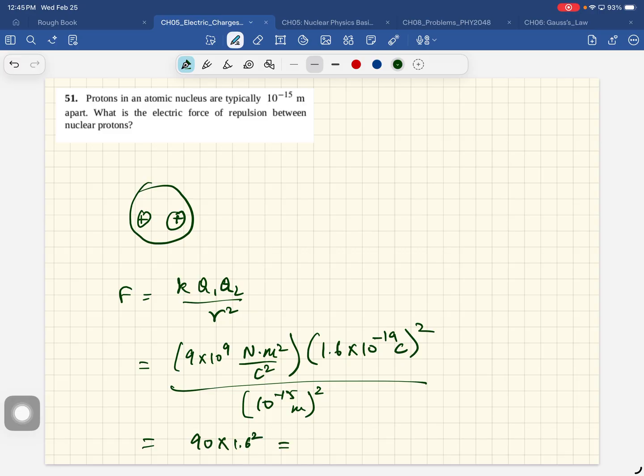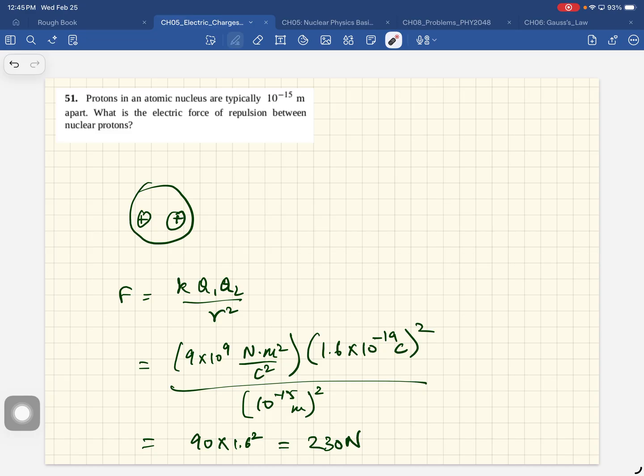That's the force between these protons. 230 newtons. So the repulsive force between these two tiny particles is roughly half your body weight. So that's pretty strong.